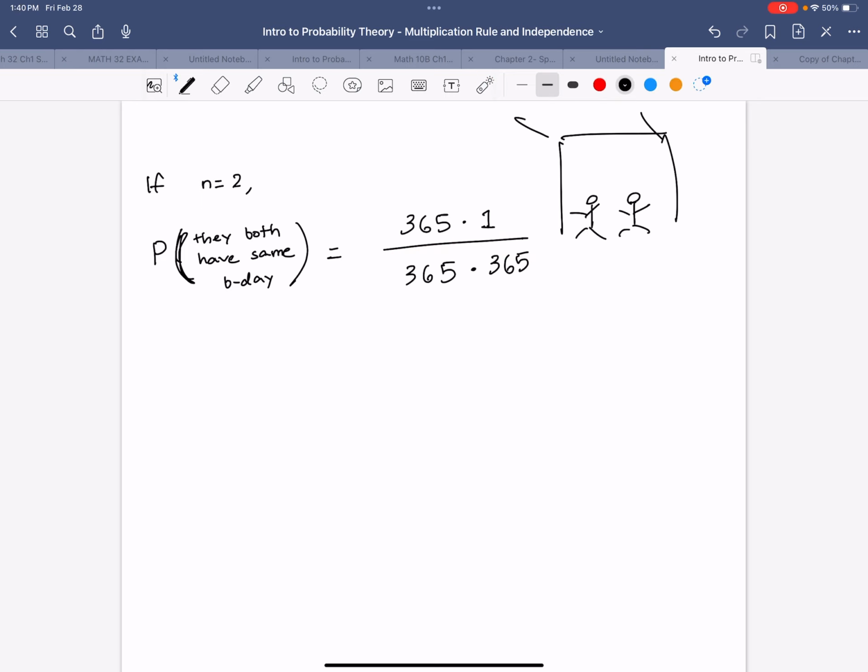Denominator, this is going to be the total number of ways two people can have birthdays.